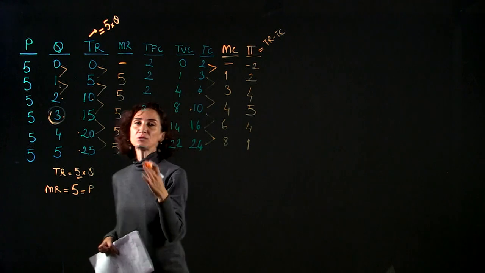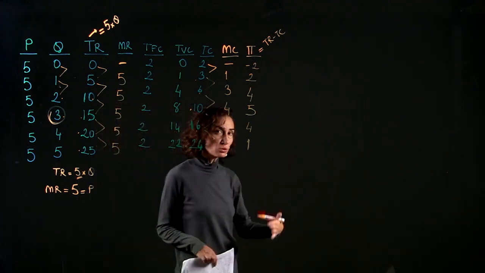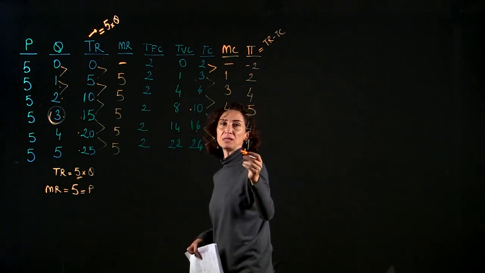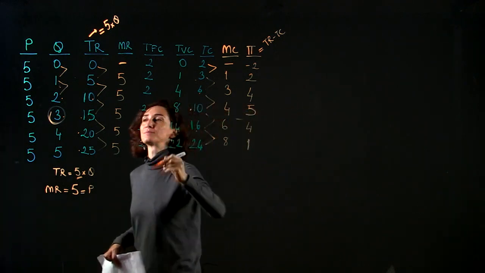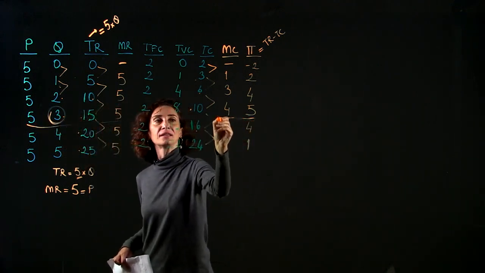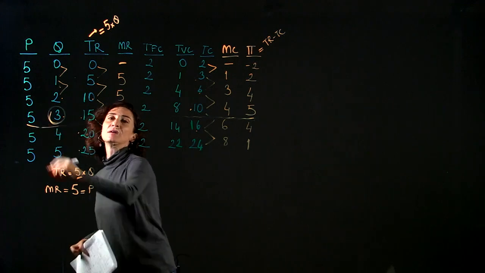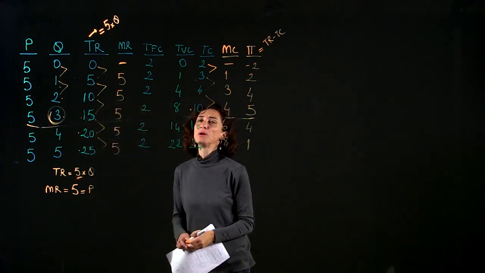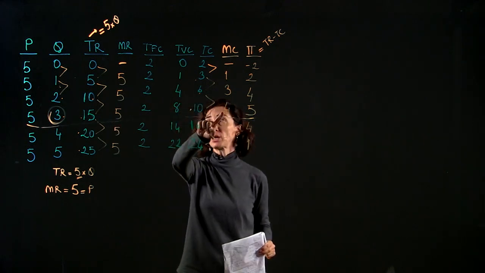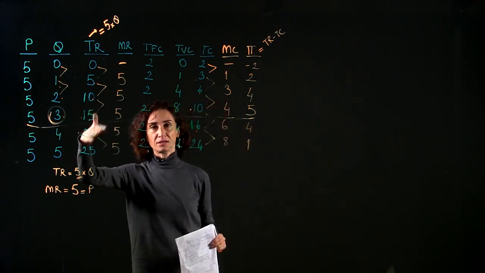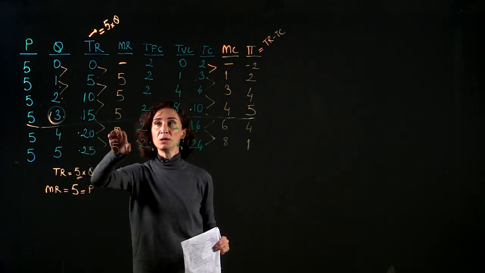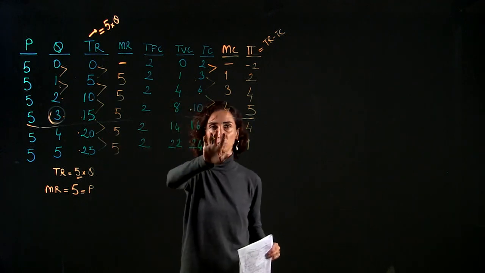So actually the rule that says produce as long as marginal revenue is more than marginal cost tells me to stop here. Exactly here, right? So we have to stop. Marginal revenue is more than marginal cost. So shall I produce this third quantity? Yes. But stop there. Don't produce this because now marginal revenue is less than marginal cost.